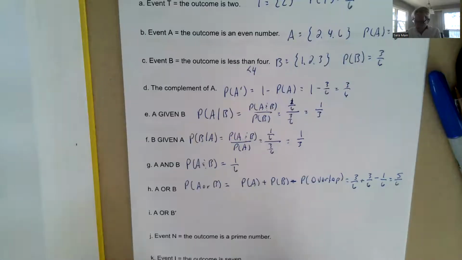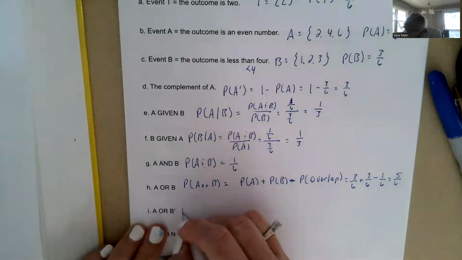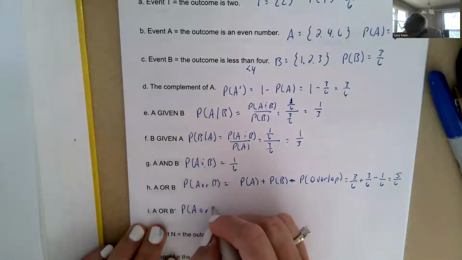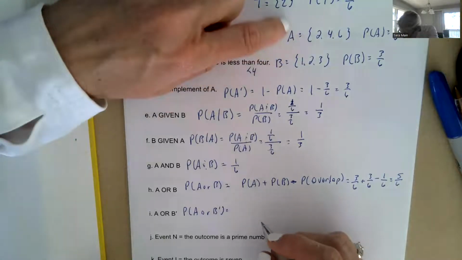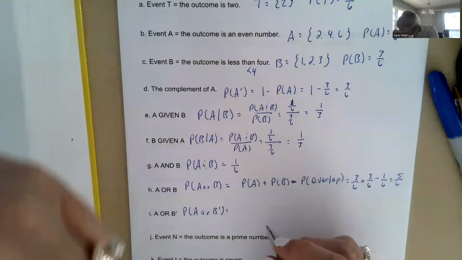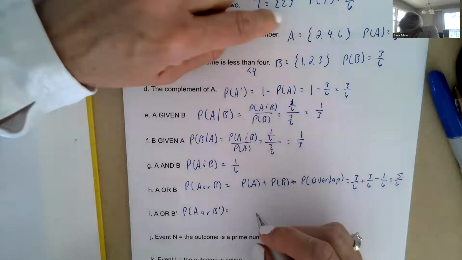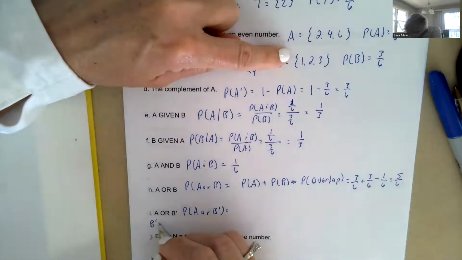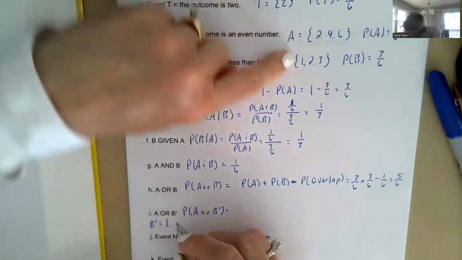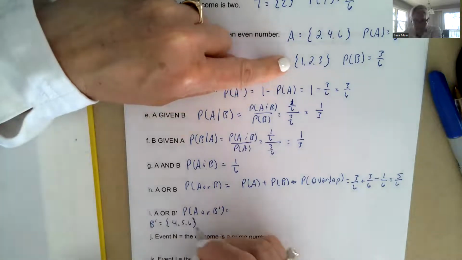A or B prime. So the probability of A or B prime is in A or not in B. Not in B would be 4, 5, and 6, right?